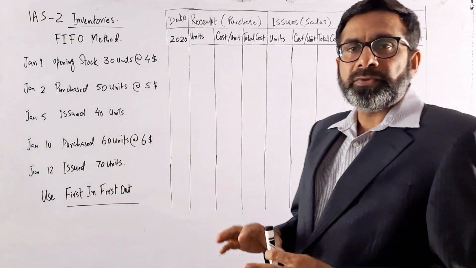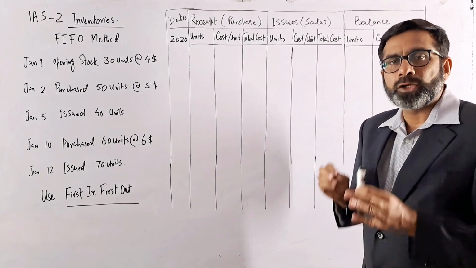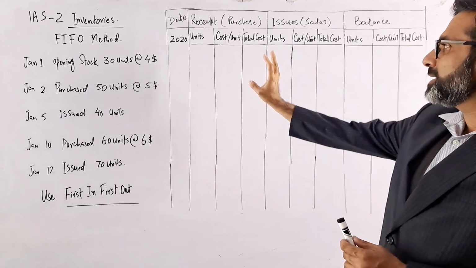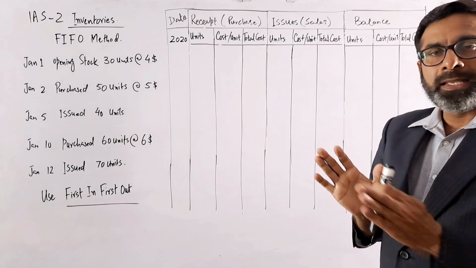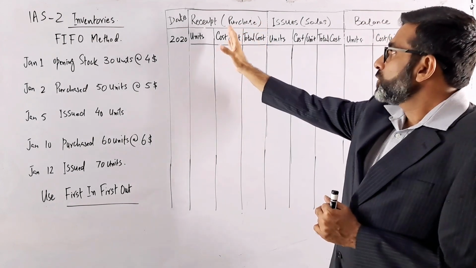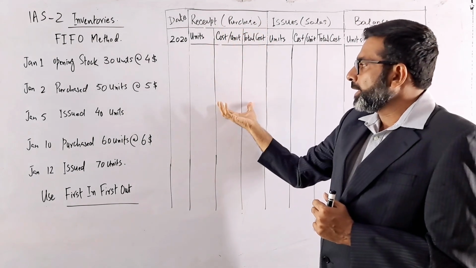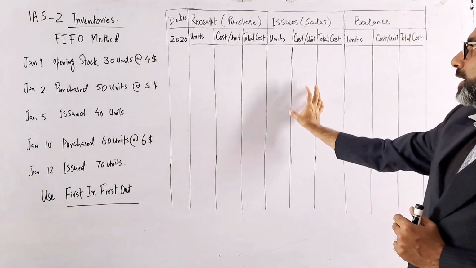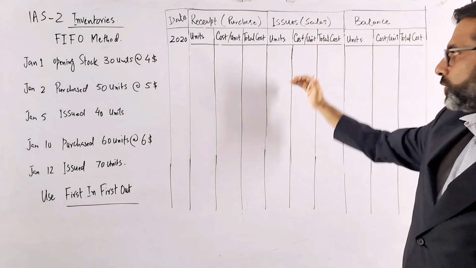For the perpetual inventory system, we need an inventory card. The inventory card has basically 3 main sections. The first one is the receipts, where all the receipts will be recorded. Then we have a section for issues, where any sales or issues will be recorded.